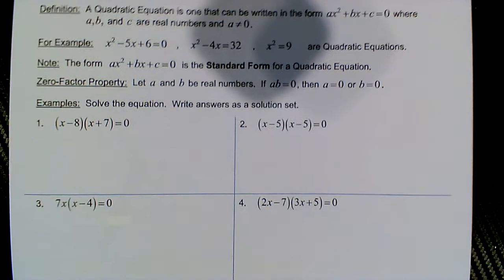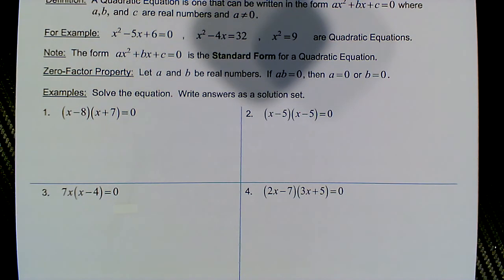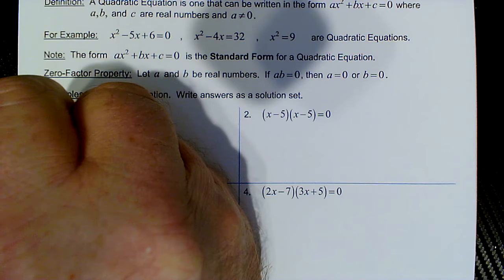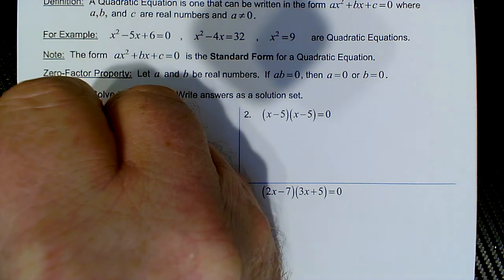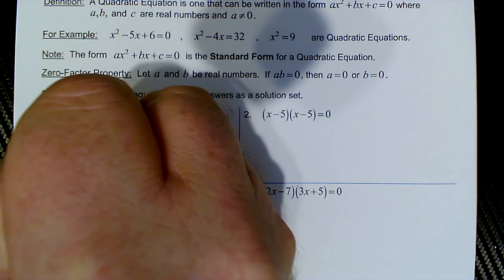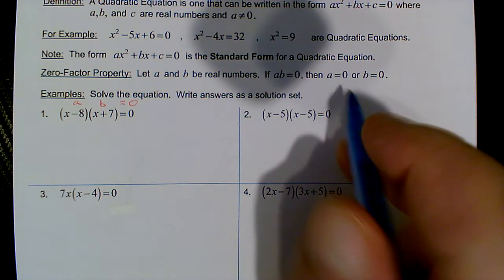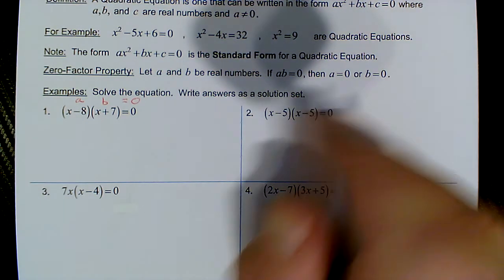So here are some equations that are already factored for us. And what we do is this x minus 8 is behaving as our a, and the x plus 7 is behaving as our b, and that's equal to 0. So therefore, we simply set each one of those factors equal to 0.